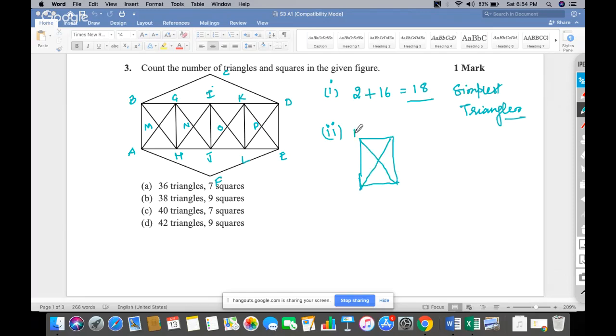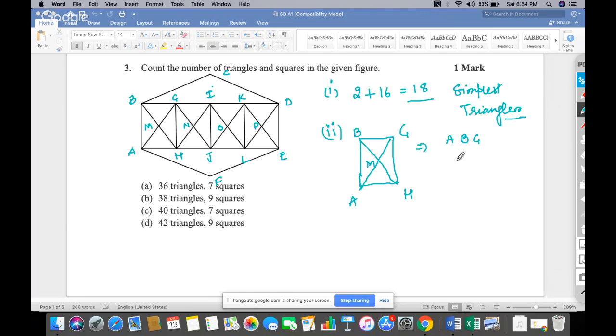So I am naming it once again B, G, H, A, and M. So how many triangles do I have here? Try to understand. I have already made these small triangles, so I will not take adjacent lines. The first one that I'll write is A, B, G. This is the first one.